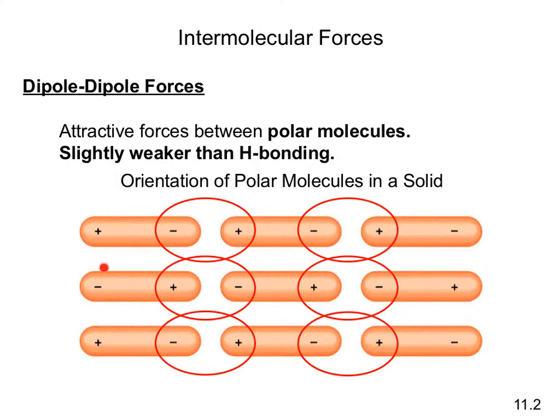And these two dipoles are attracted to each other. That's why it has a silly name. So it is an attractive force, again, between the positive and the negative. But because the electronegativity differences aren't as extreme, you get not quite as much polarity and therefore not quite as strong of an attraction.